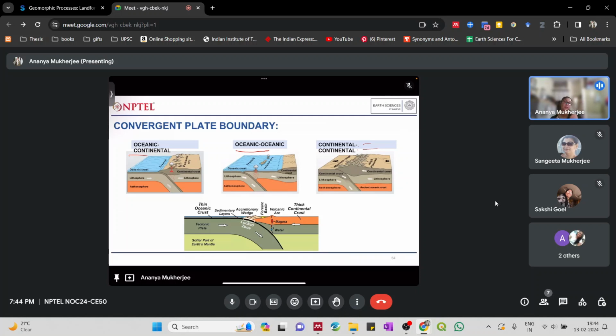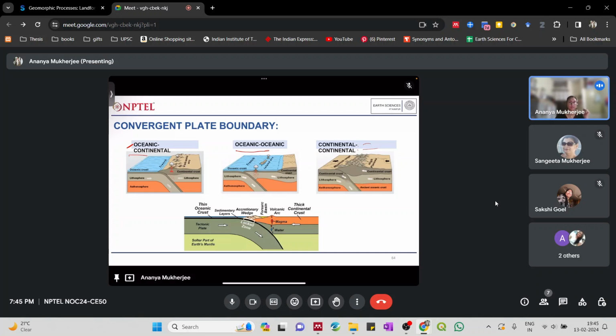When it is between oceanic and continental, the oceanic plate subducts below the continental. Why? Because continental crust is lighter compared to oceanic crust. We saw this when we were discussing the Earth's crust. So the oceanic crust will subduct below the continental crust, and there again you will form a trench.